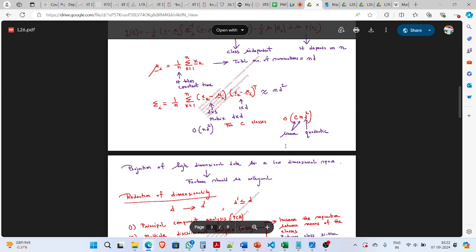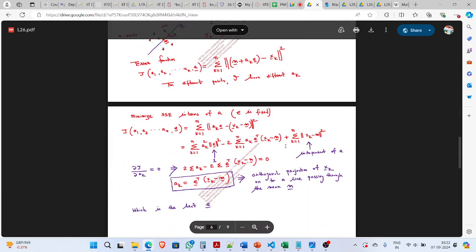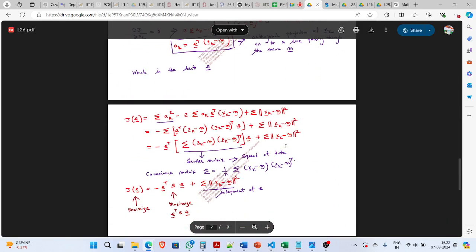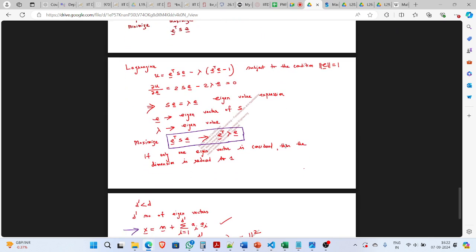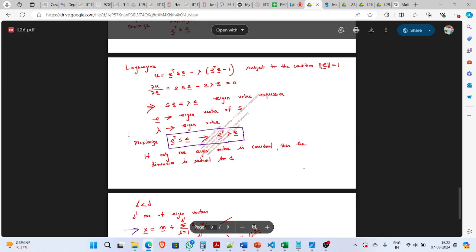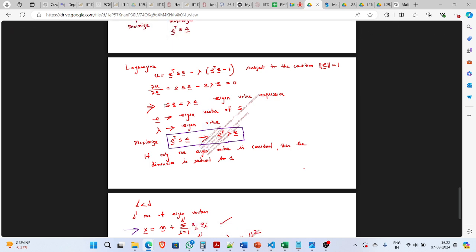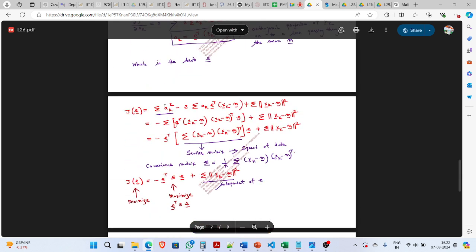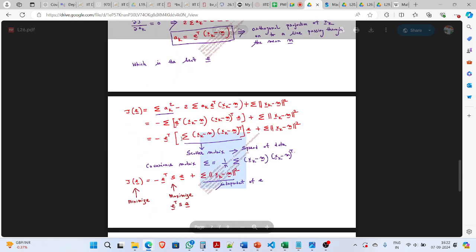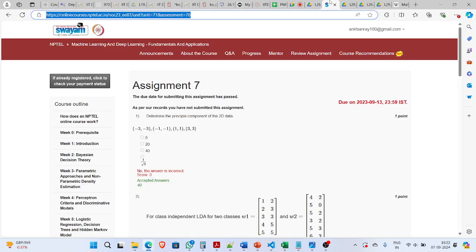I'll show you step by step what to do in such a situation. So this is what we have. We need to find the S matrix, which is nothing but the sample covariance. How do we find the sample covariance? Let me show you.